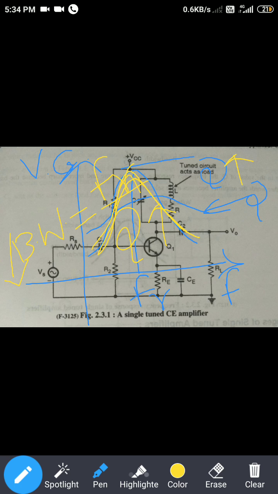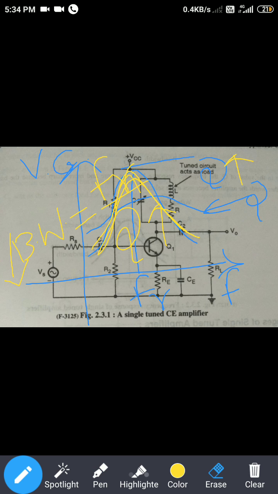For certain applications, the required bandwidth is very large, so a single tuned circuit with a smaller bandwidth cannot be used for such applications. Also, core loss may take place with the increase in frequency. Therefore, selectivity may decrease. Applications: it can be used in wireless communication receivers and tuned radio frequency receivers.